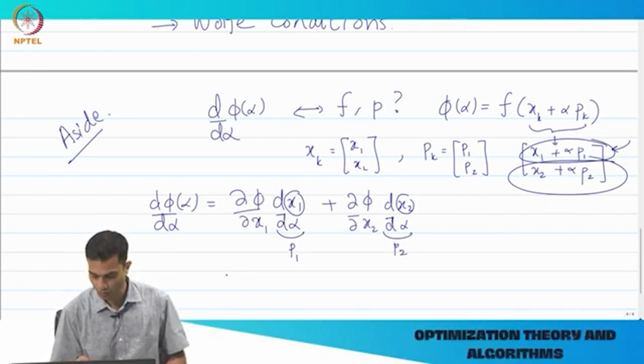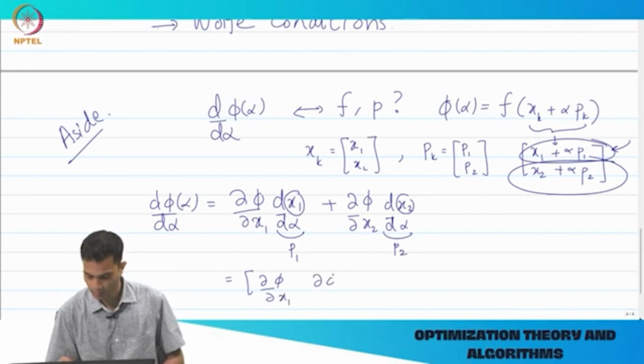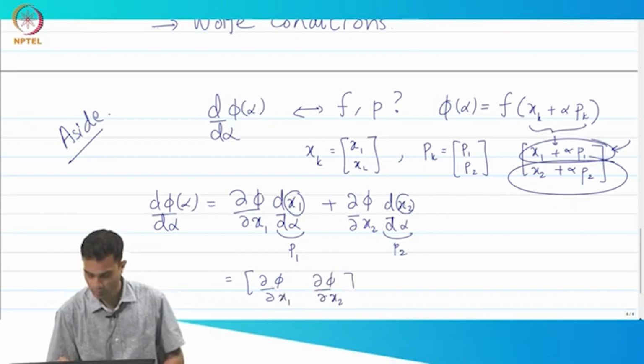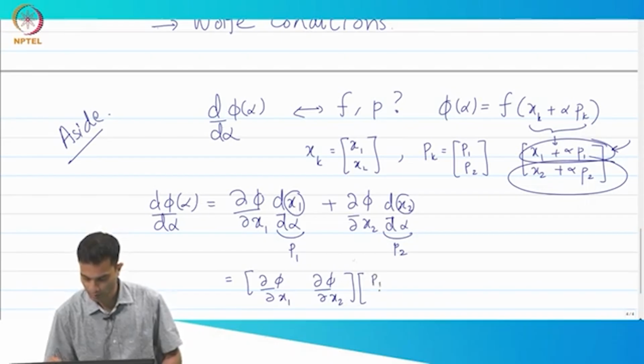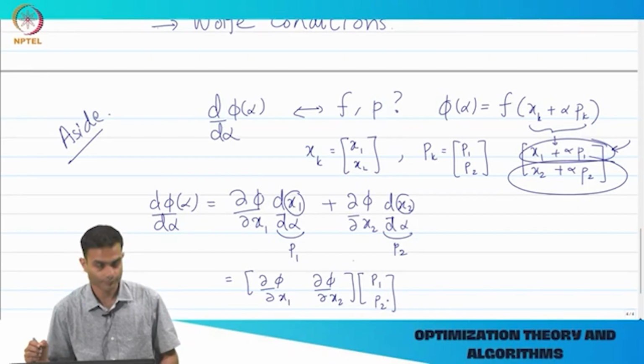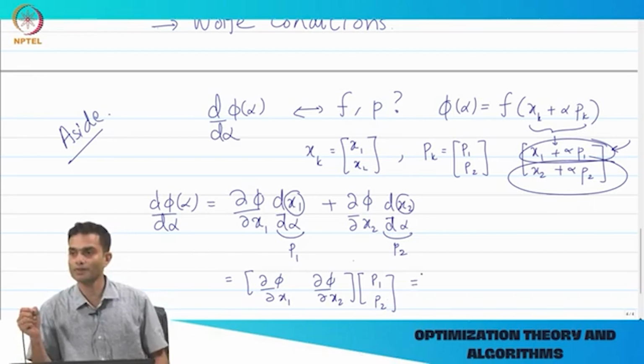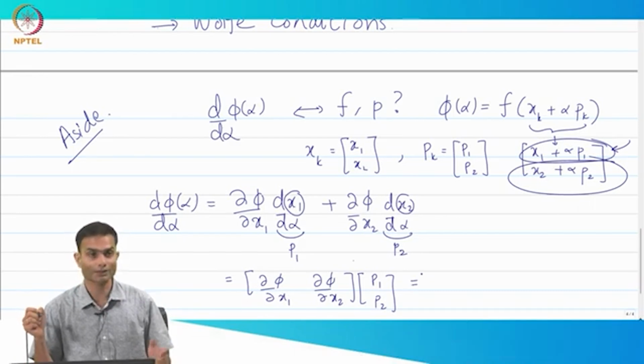So you could also look at this as P1, P2, right. So in compact notation, what would this be? What is the partial derivative of phi with respect to x1 and x2? Grad f, right.